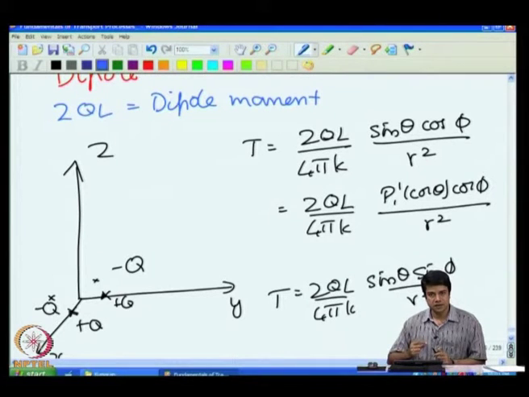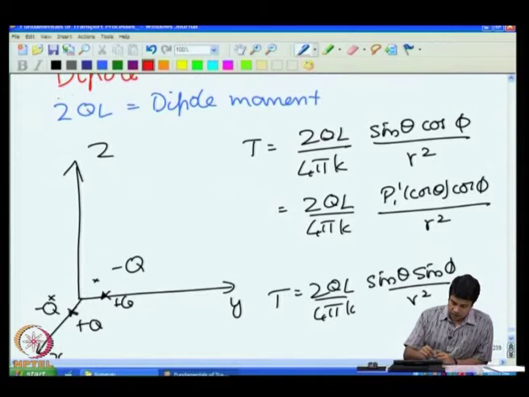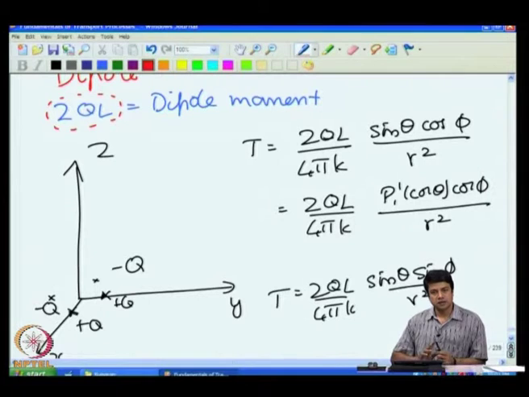In the limit as the distance L goes to 0, while simultaneously maintaining 2qL as a constant, you will get this n equal to 1, m equal to 0 or plus or minus 1 temperature field. So, q has to increase and L has to decrease such that the dipole moment remains finite in the limit as L goes to 0. In that case, you get the dipole solution.